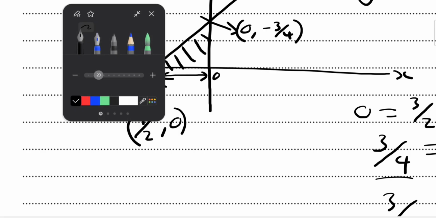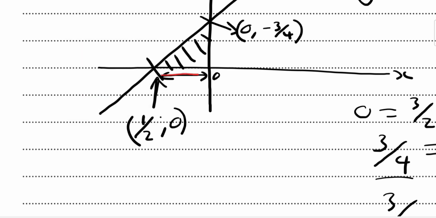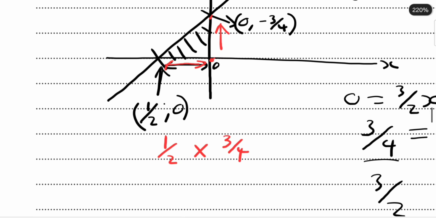I'll just use a different color. This is our base and this is our height. So our base is half and our height will be 3/4. The diagram is not that accurate. From 0 to this point, what is the length? It's just 3/4, it can't be negative.